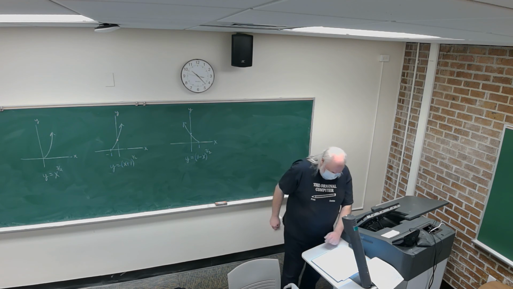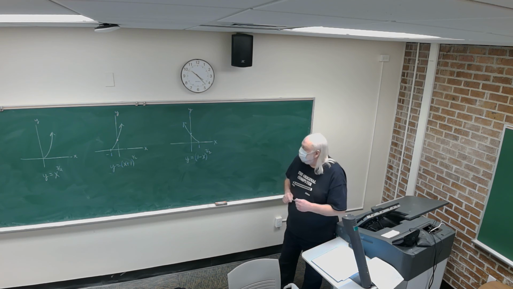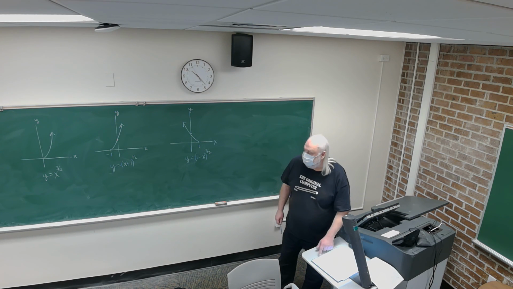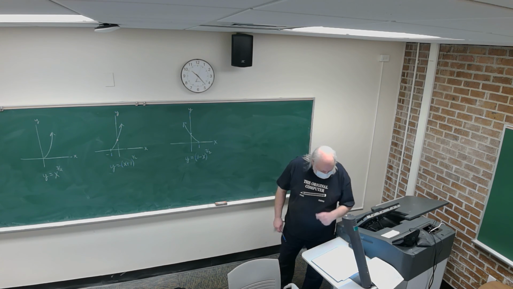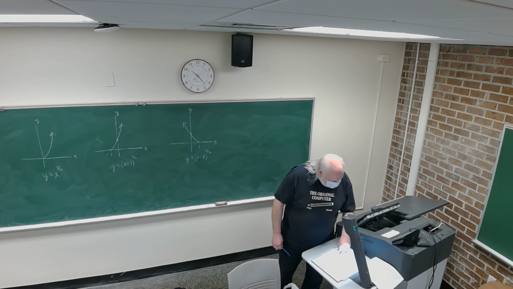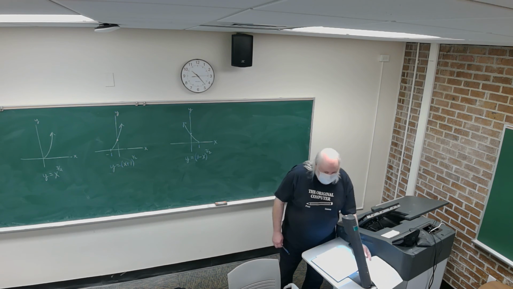Okay. So that's what the graph of this equation looks like. And we got it from the graph of y equals x to the 3 halves. All right. So see if you can figure out D on your own before class tomorrow. Okay. We'll compare answers.